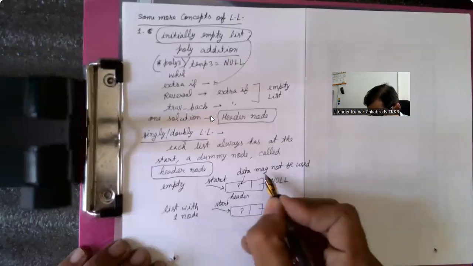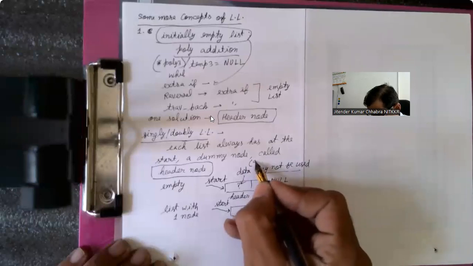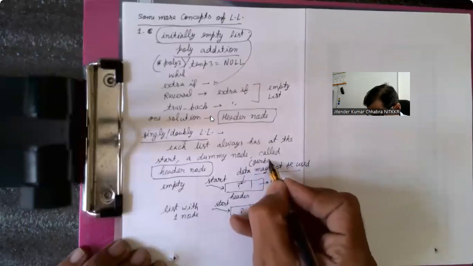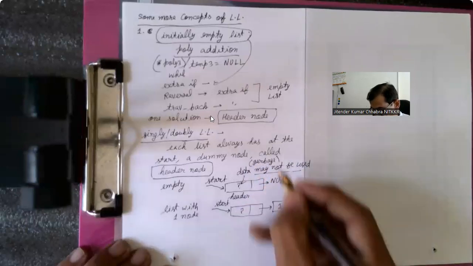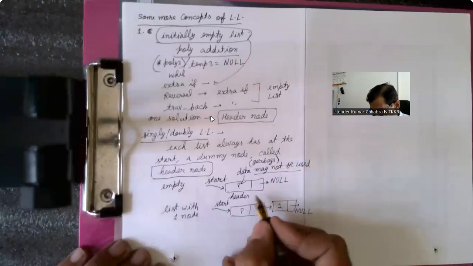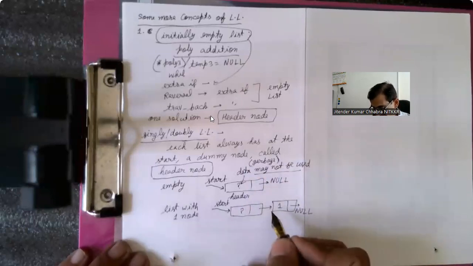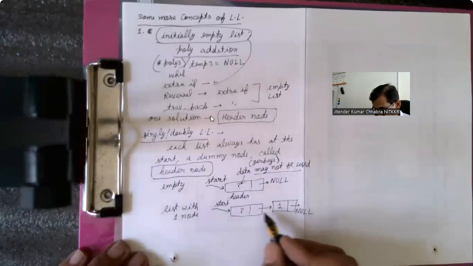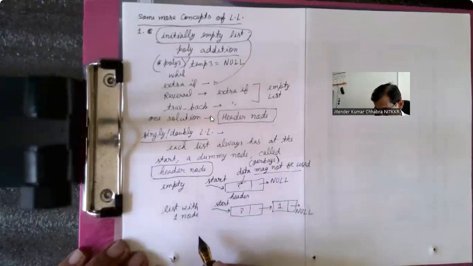If needed, it can be used, but it can be garbage. There is no compulsion to use it because this is a header node, which just ensures that the list always has the first node starting after the header node.